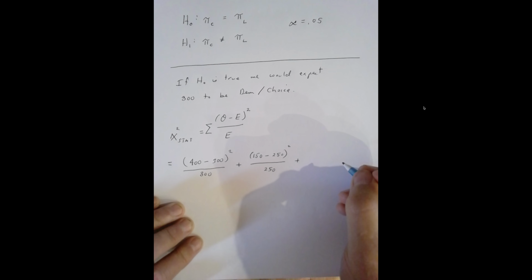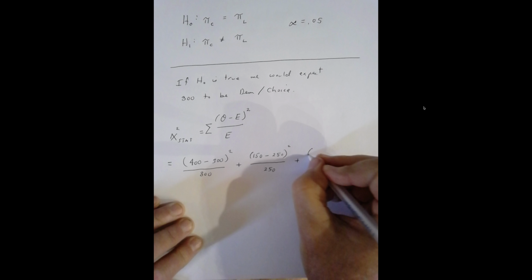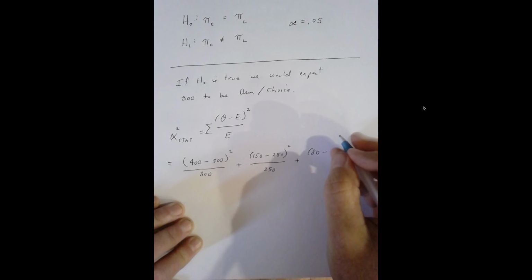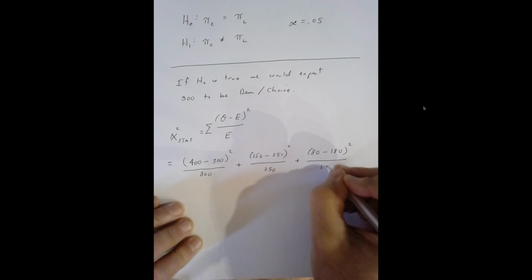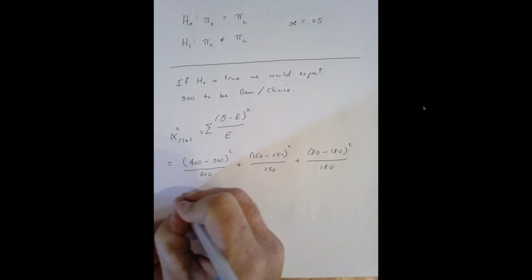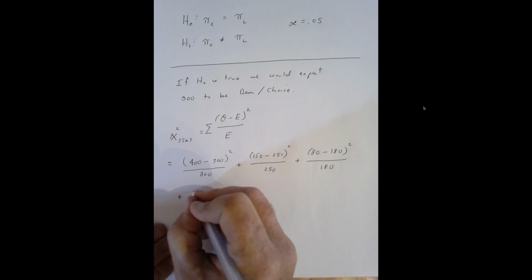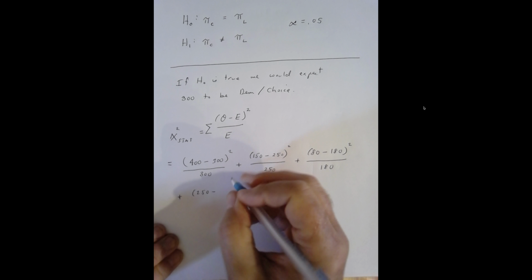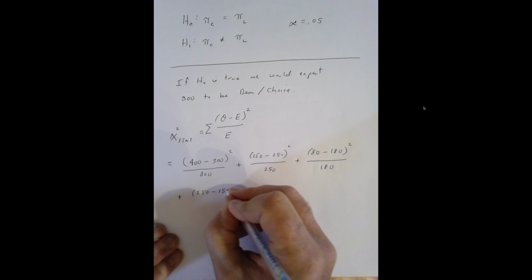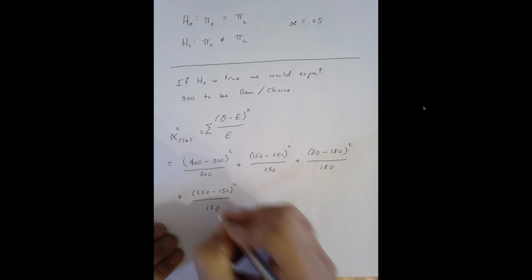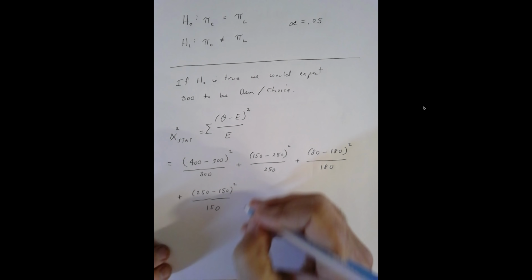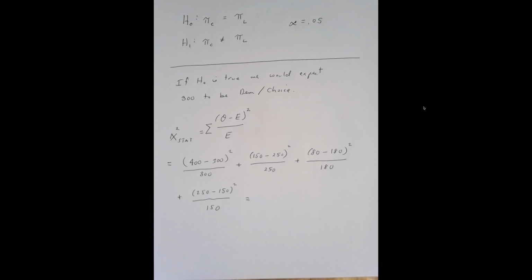Our Republican pro-choice was 80, and 180 was the expected. In the final, we had an observed cell count of 250 minus the expected of 150, over the expected. Now let's do each one of these, just so I want to make sure everyone is on track with me here.